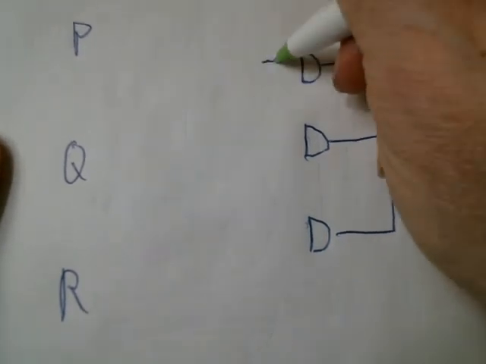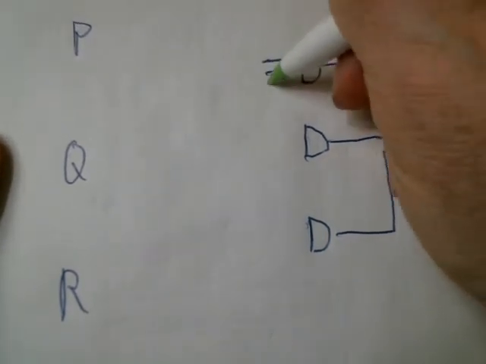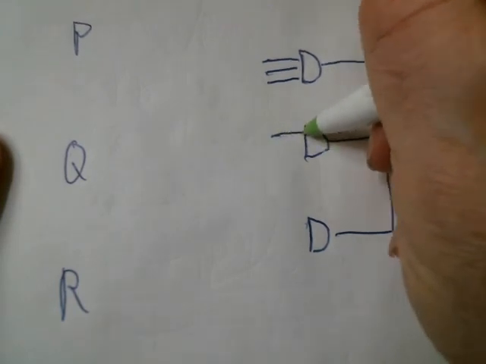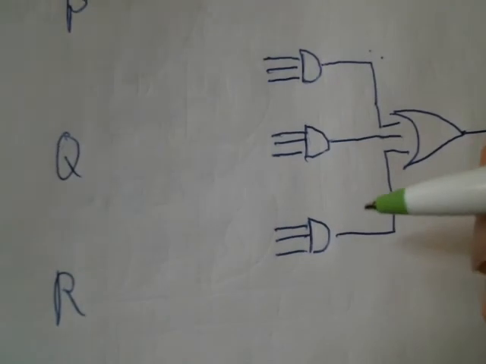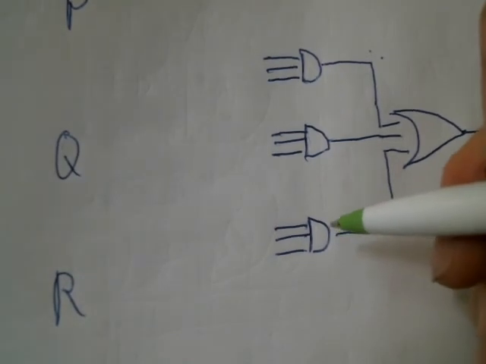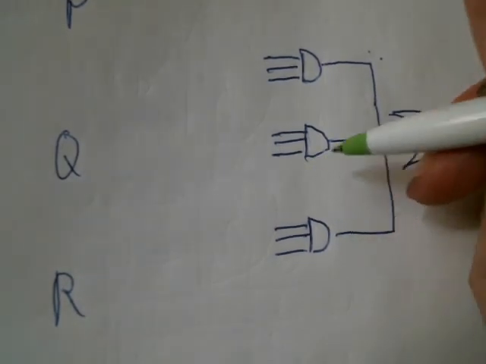Okay, and then we have 3 inputs on each one of these: 1, 2, 3, 1, 2, 3, 1, 2, 3. Okay, and I'm going to have to cross my circuits probably somewhere here.